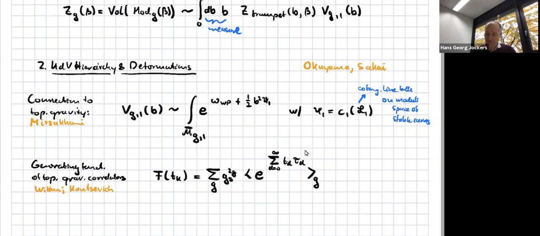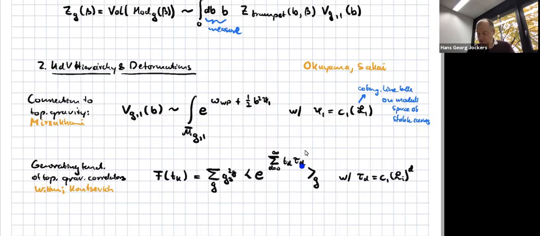And this correlation function is a shortcut for having various insertions at marked points. So what is this tau_d? This tau_d is essentially very related to this psi class that I introduced already before. However, we take this now to the dth power. And then if you expand this out, every tau_d corresponds to an insertion at a marked point.